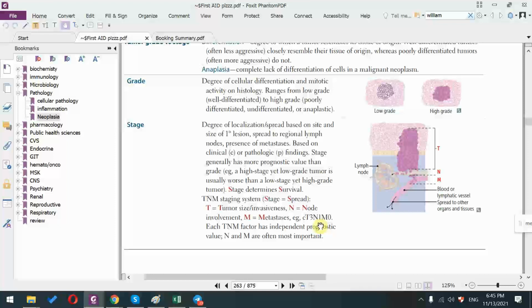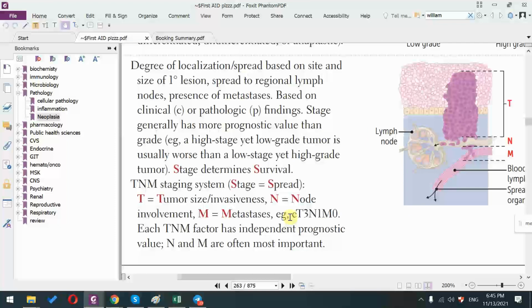For example, if you take a look here, they write cT3N1M0. What does that mean? According to the clinical finding, C is for clinical. T is a 3, which is the size of the tumor. It's like 3 big. Involvement of the lymph nodes, he was able to palpate one enlarged lymph node that is not tender, which is suggestive of tumor. And M is 0 because he could not see a metastasis on a clinical finding.